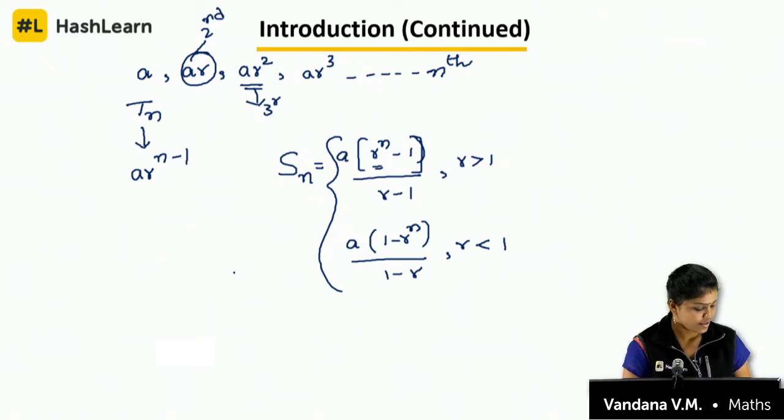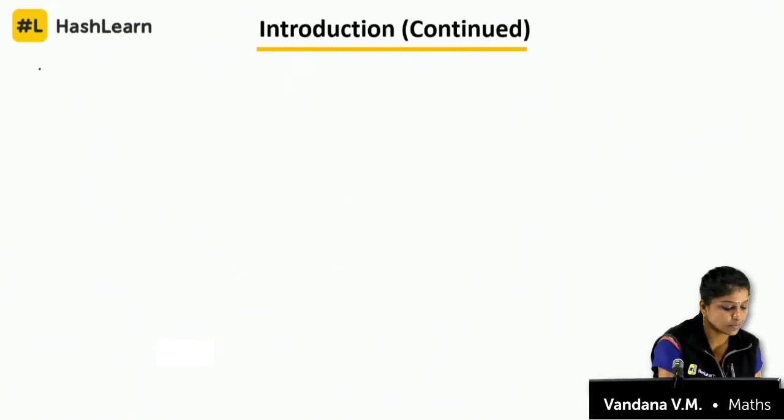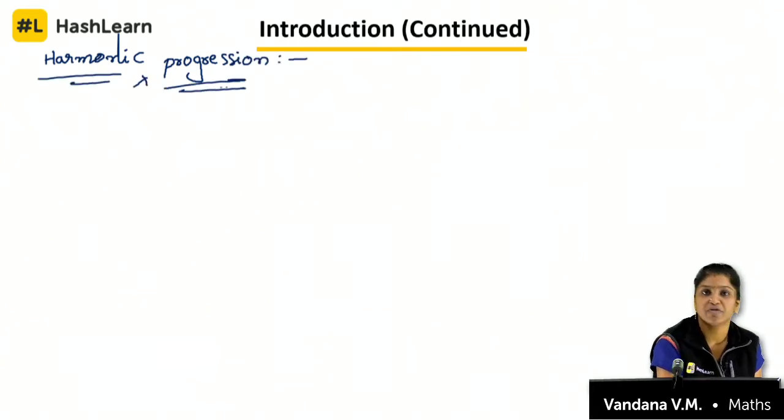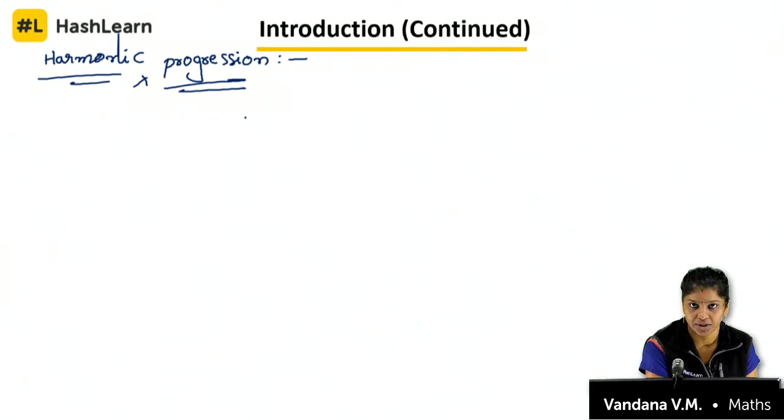Understood, right? Yes. So, the next one is harmonic progression. This is not there in your boards, but for JEE you have to learn this.